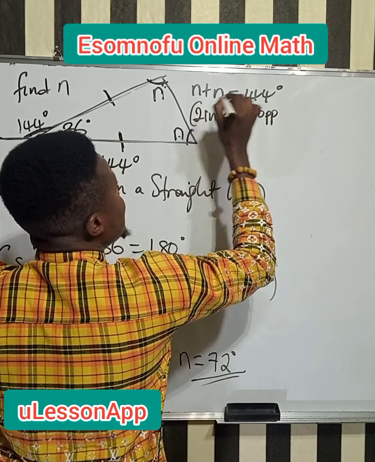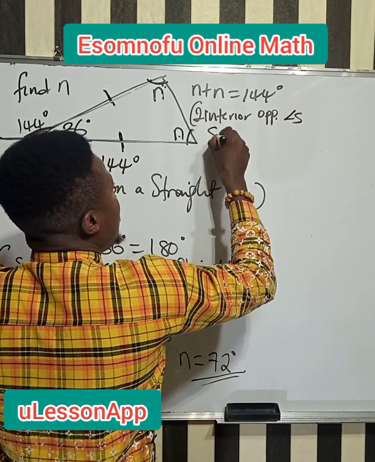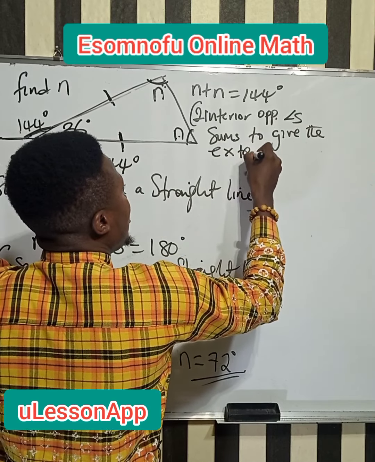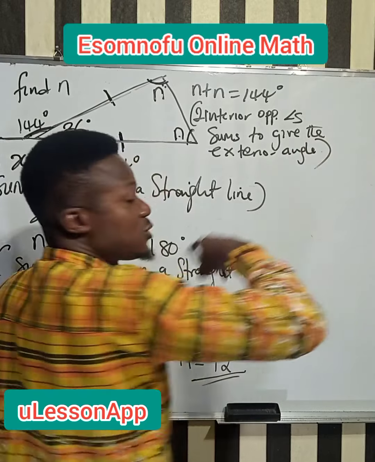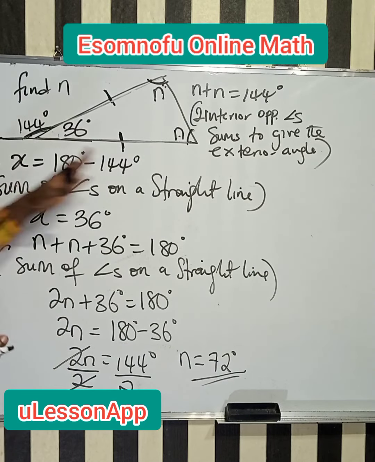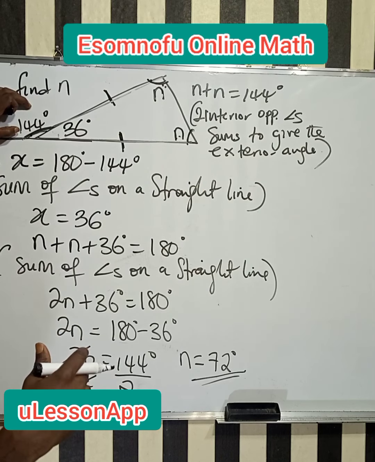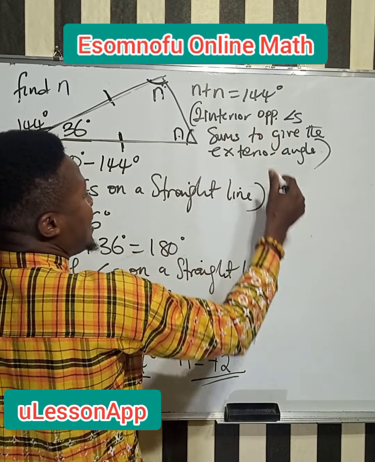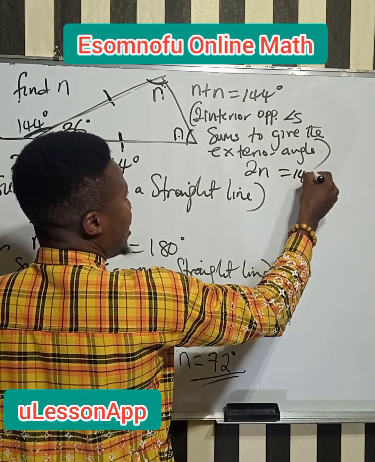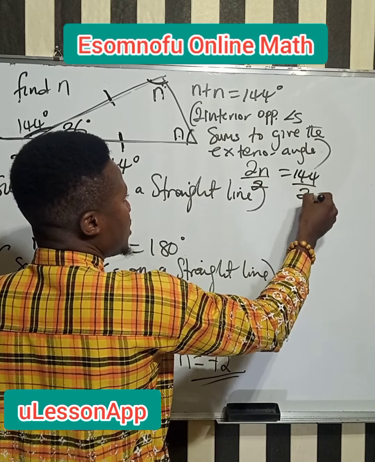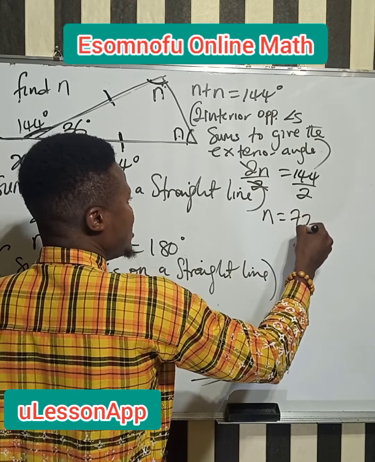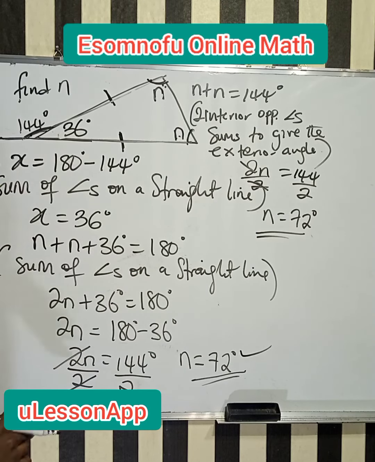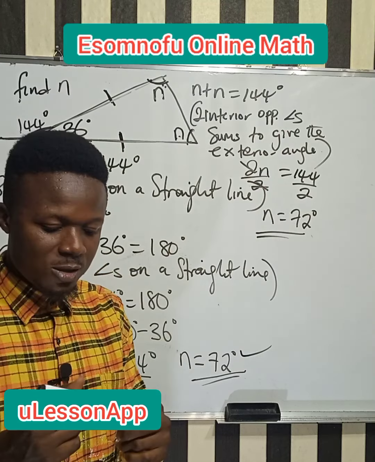The best thing to write here is that the exterior angle of a triangle is equal to the sum of the two interior opposite angles. And n plus n is 2n, being equal to 144. Divide by 2. Once you do that, n is still 72 degrees. That is what I got here to tell you that they are both correct. But this one is taking a lot of time, and this is the shortest method to do that.